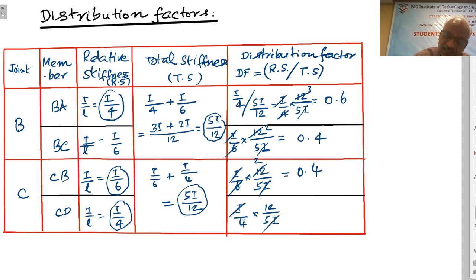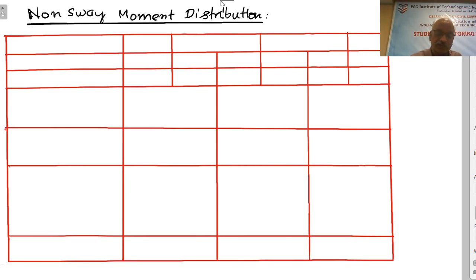I will get cancelled. This and this will become 3. So 3 by 5 equals 0.6. So that's the distribution factors. Now next is the moment distribution.